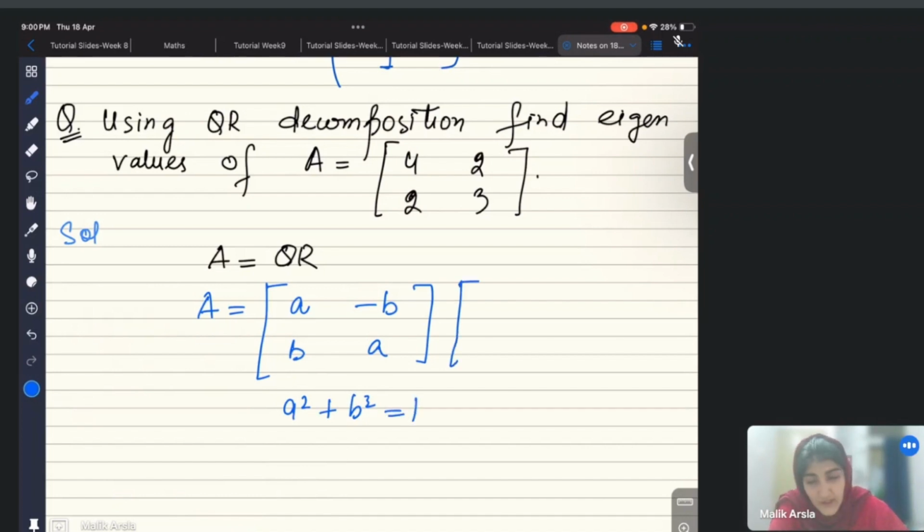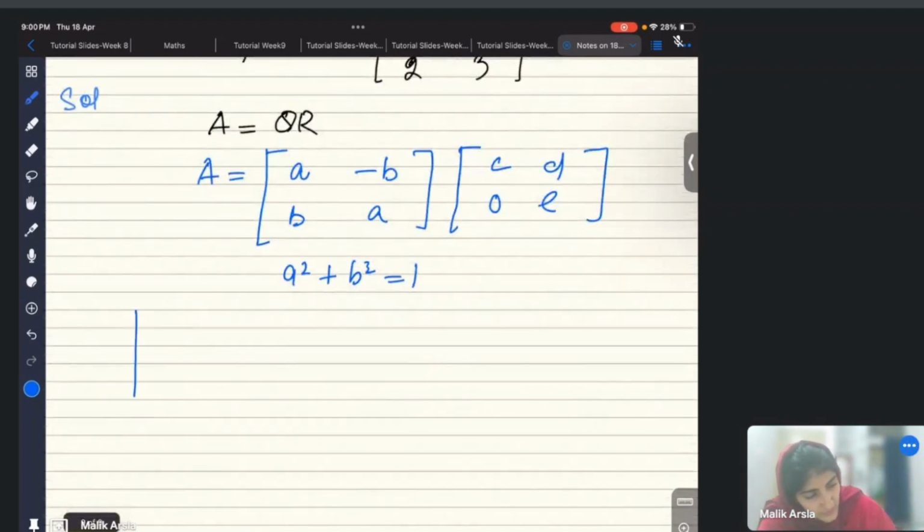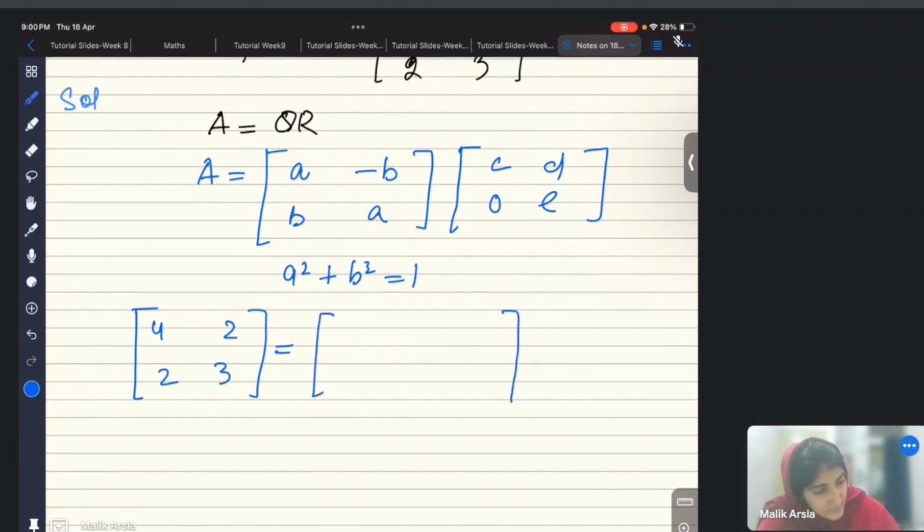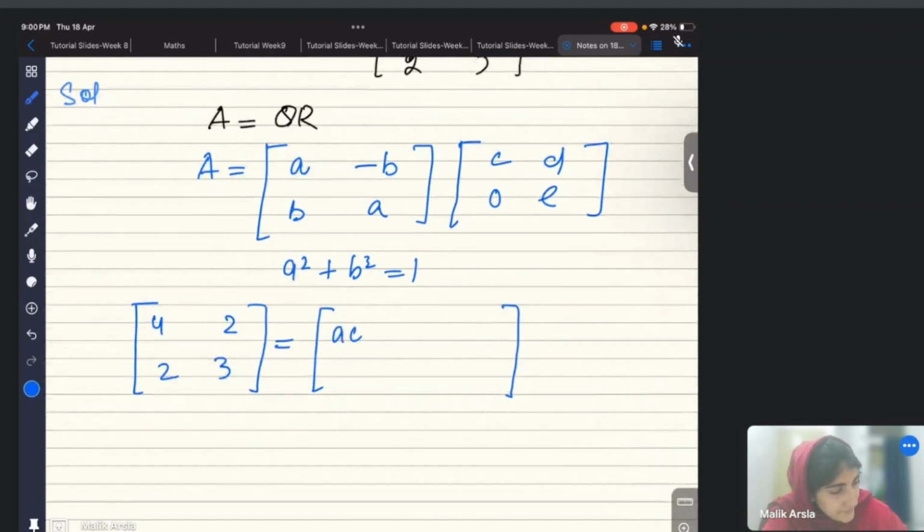R is an upper triangular matrix, so we will keep it as C, D, E and 0.